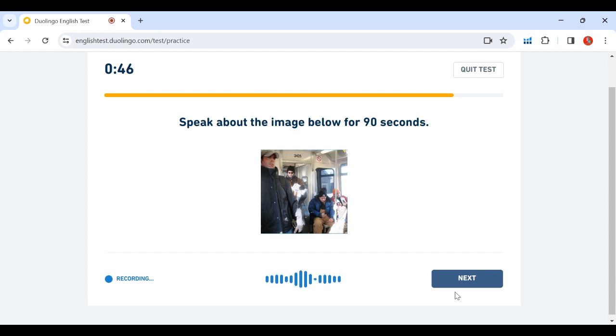One man at the back is probably looking at a newspaper, and of the two men who are sitting on the seats, one is just looking at his phone, another one is wearing earphones, probably listening to music or something else.